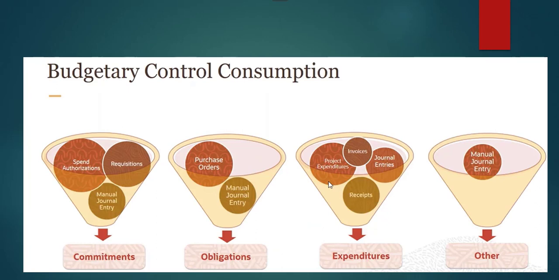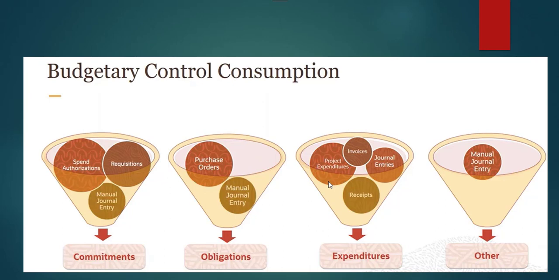And these are the types of balances that we will see. So we have our commitments, obligations, expenditures, and the other. And the other tends to be for encumbrance journal entries, because encumbrance journal entries with commitment and obligation go to the appropriate balance.